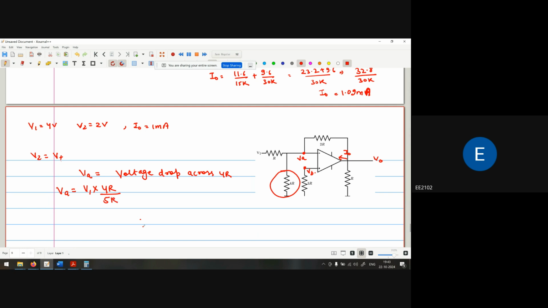So it becomes V1, which is 4, multiplied by 4 upon 5. That is 16 by 5, 3.2 volt. Okay, VA is 3.2.